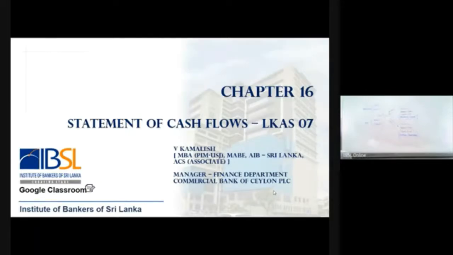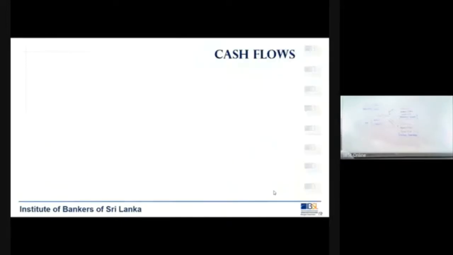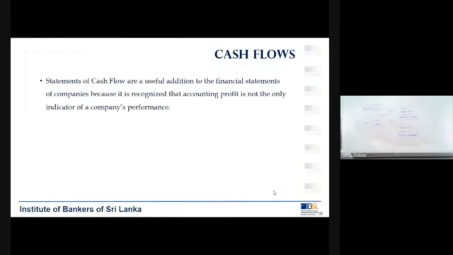In examination, they have asked what is the relevant standard which is applicable for cash flow statements. So your reply should be Sri Lanka Accounting Standard LKS 7. Then you have to say statement of cash flows. Right? Okay.